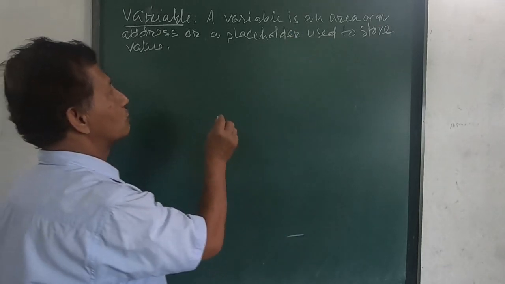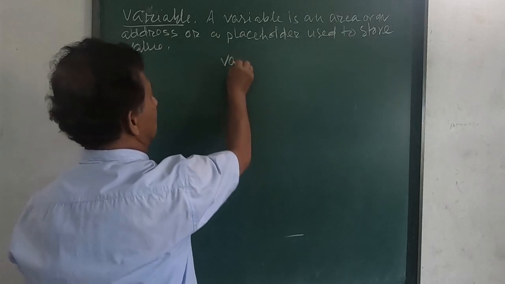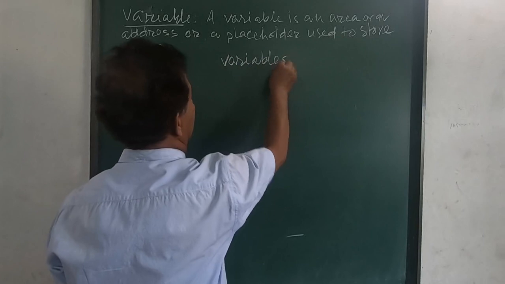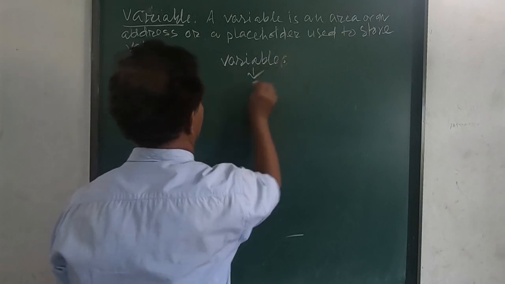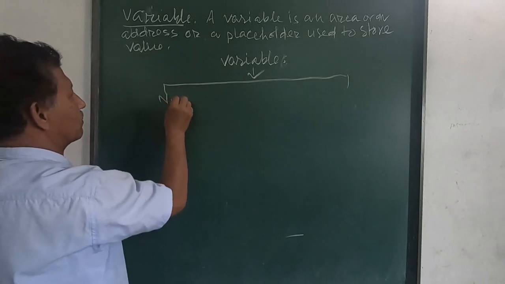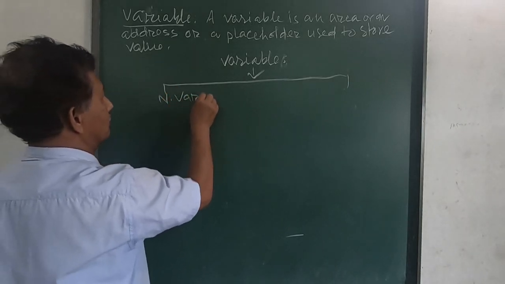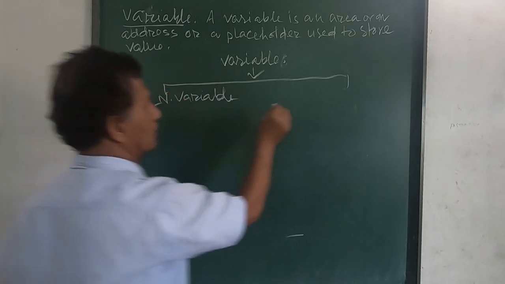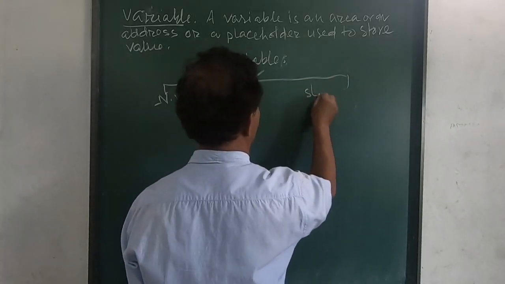There are two types of variables: numeric variable and string variable.